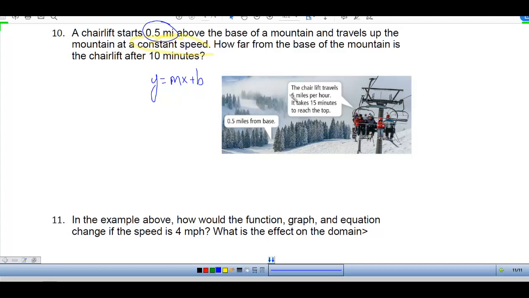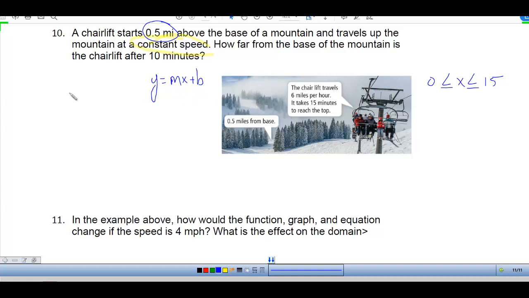And then from the graphic here, I see I'm half a mile from the base camp, and the chair travels 6 miles per hour and takes 15 minutes to reach the top. So I've got this travel time, or this domain, in the context of this problem of 0, right? I've not started traveling up the chairlift yet, and then all the way up to 15 minutes. So that's kind of the reasonableness of my domain within this particular scenario.